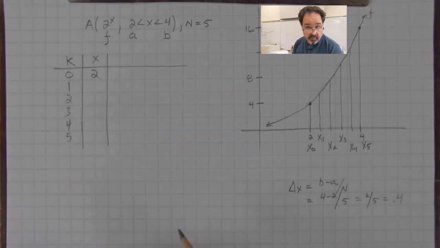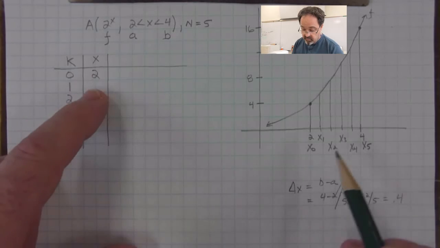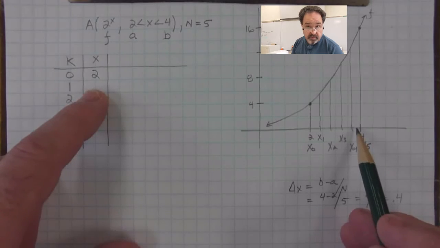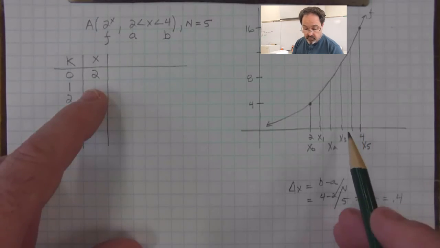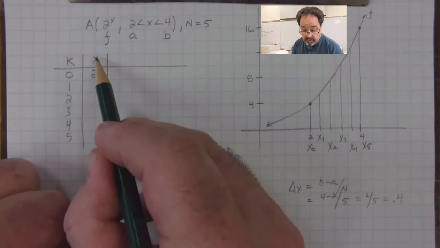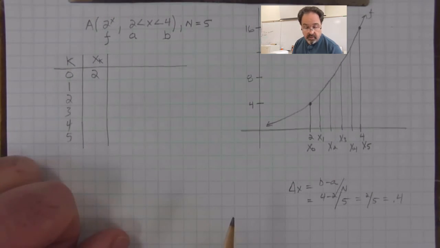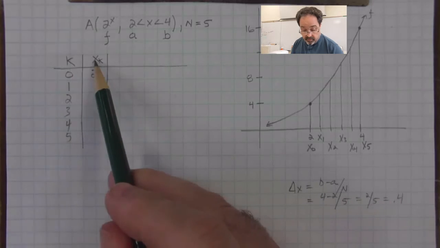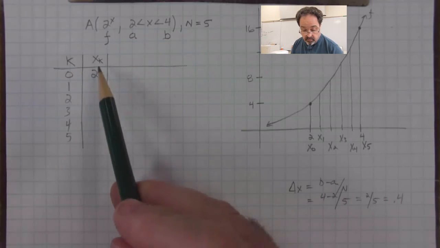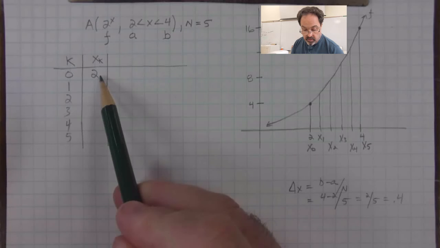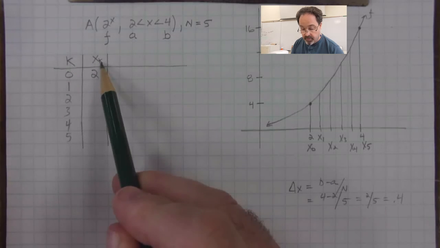Each k value pertains to a specific domain value x. So I could more precisely label this column x sub k. So x sub 0 is 2. What's x sub 1?